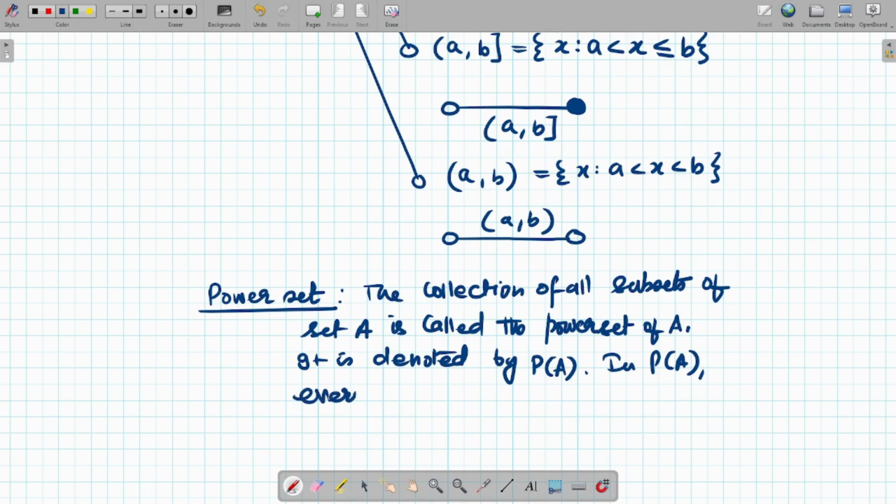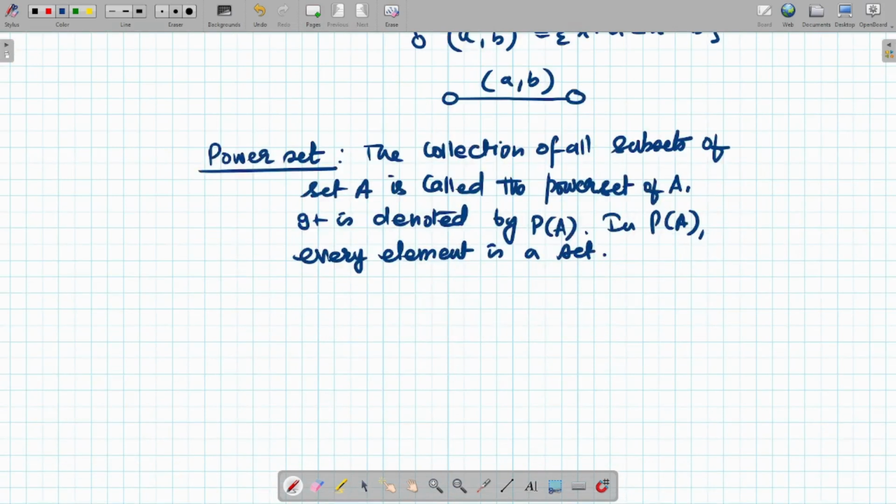Remember, every element is a set. एक इलस्ट्रेशन के थ्रू समझते हैं इसको.